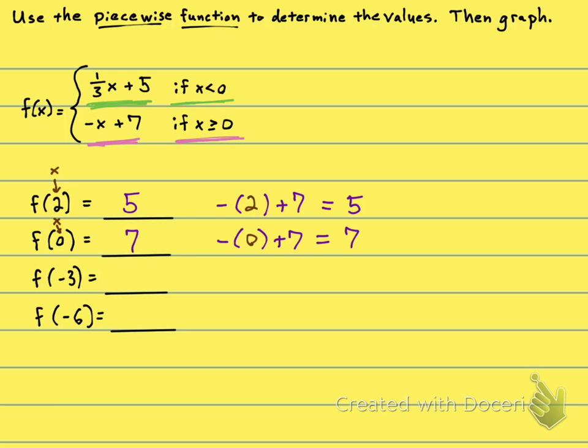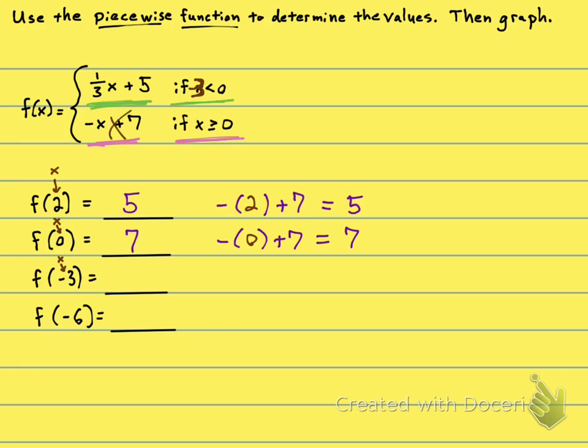All right. For the third one, they wanted to know the f of negative 3. So what happens when x is negative 3? And when I look for green or pink, you'll notice that negative 3, not sure if I said 3, it should be negative 3. Negative 3 is less than 0. Negative 3 is not greater than or equal to 0.